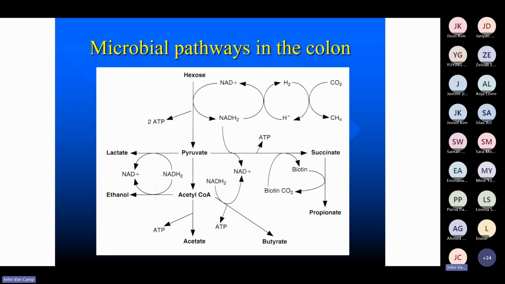Because if we have a lot of animal production with a lot of cows, for example, there's a lot of methane, which is actually released into the atmosphere, and that can also lead to increase of the Earth's temperature, so climate change conditions. There are some individuals that are producing methane gas. Some other individuals will not. So it all depends a little bit on which type of microbiota that you have.